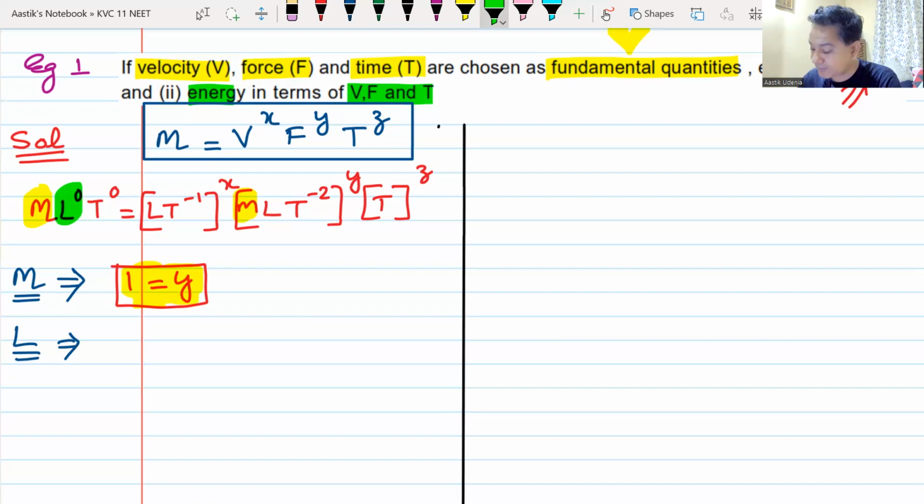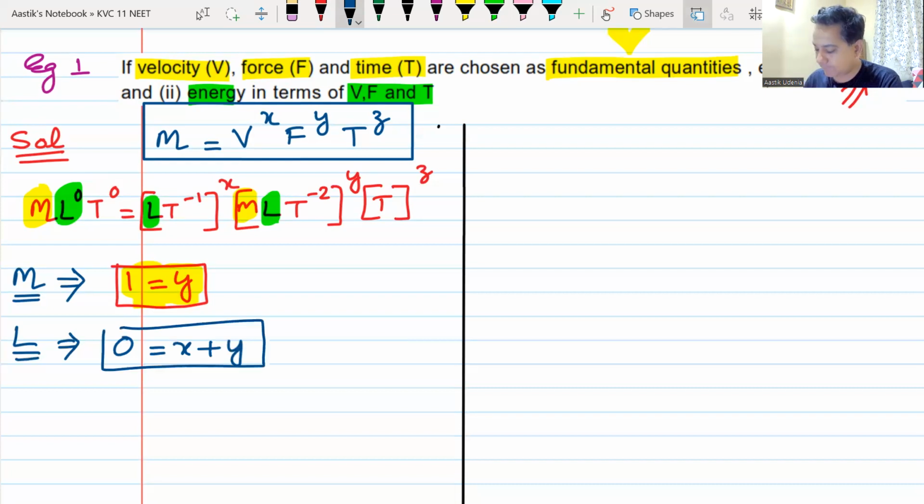On the right hand side, this L and this L. So now we can have the equation for L. On the left hand side, it is 0, and on the right hand side, it is x plus y. So far, so good.